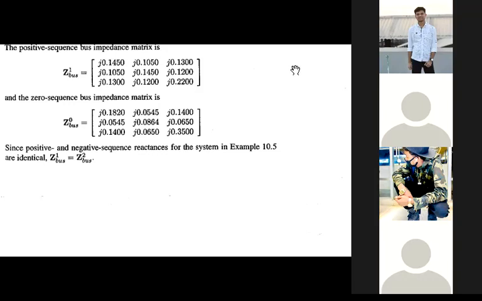From single line diagram or reactance diagram, you have two alternative paths. One is the regular Thevenin equivalent concept to determine your regular Z0, Z1, Z2. Another path is the bus building algorithm concept to generate Z bus 0, 1, and 2. Have you got my idea? You have two different methodologies to reach your Z bus 0, 1, or 2.